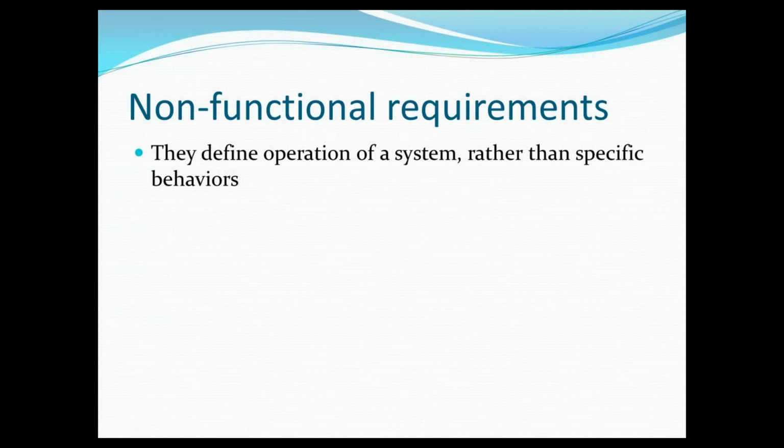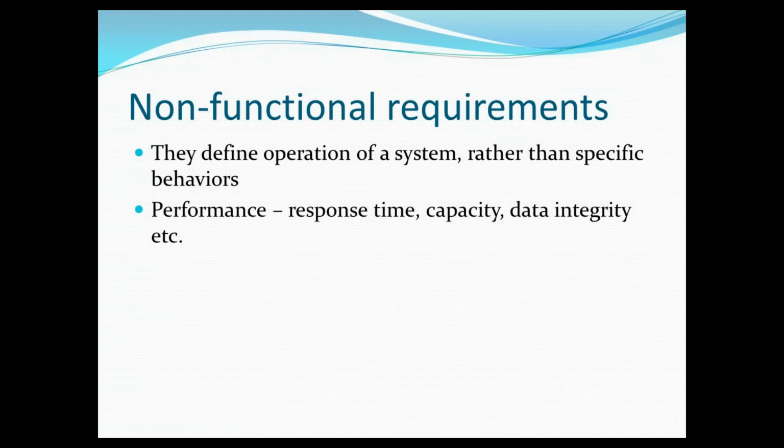They just define the bare minimum infrastructure required for the successful functioning of your application. Anything related to capacity or response time or internet speed or processing time is called a non-functional requirement.